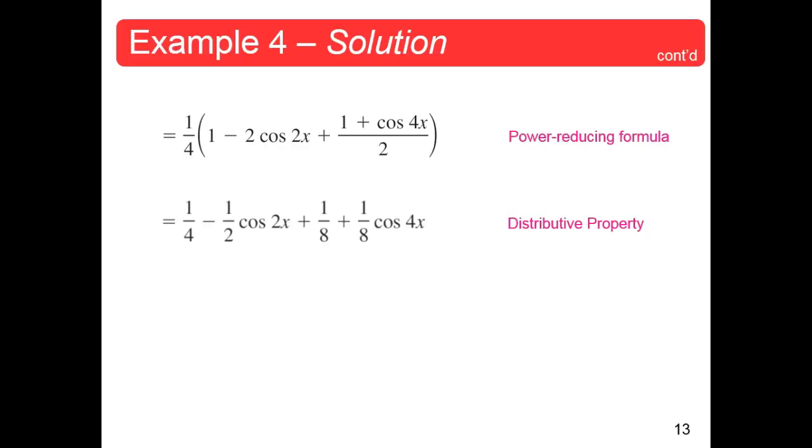And then they have a plus 1 over 2 times 1/4 is 1/8, and plus cosine 4x over 2, 1/4, is that. Okay. So this might be a little simple. Then they combine these two together, which gives them 2/8 plus 1/8 is 3/8.